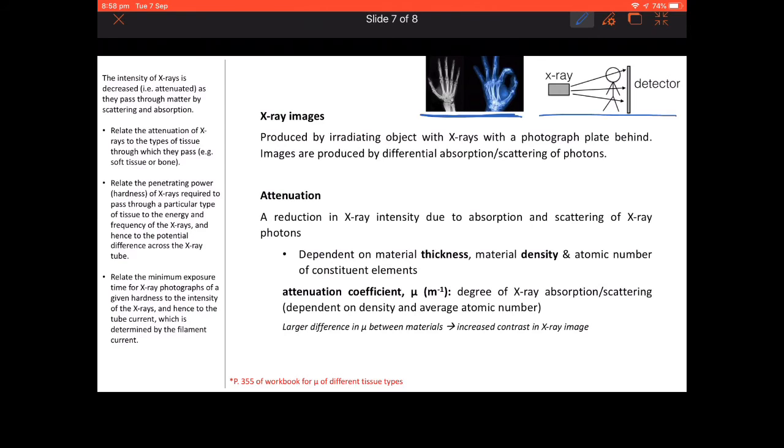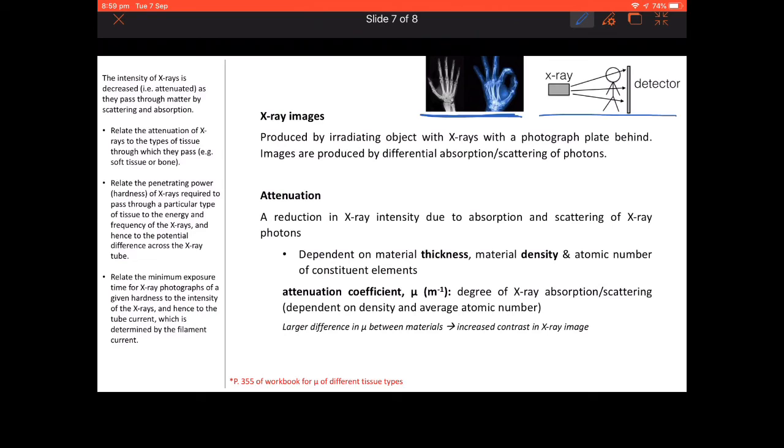Our flesh is generally made up of carbon, hydrogen, oxygen, maybe a bit of nitrogen, and all of those atomic numbers are reasonably low, whereas our bones have a lot of calcium in them, and the atomic number of calcium is much higher than those other elements. So the higher atomic number results in greater attenuation because the nuclei of those atoms are bigger.